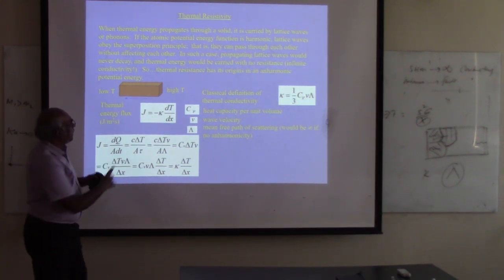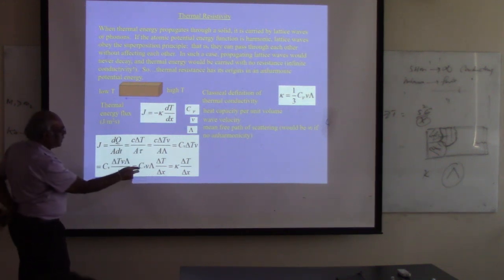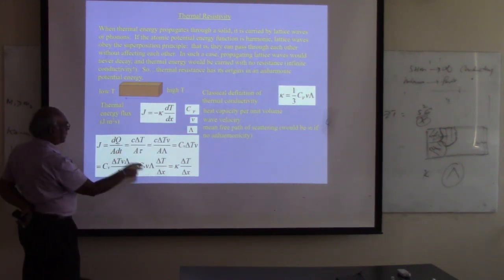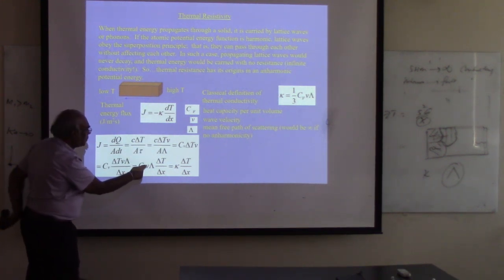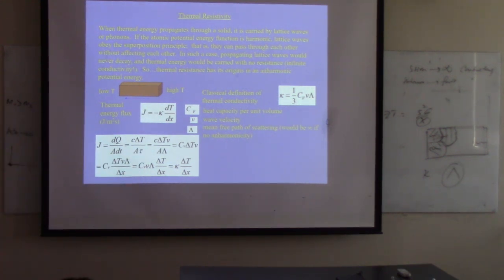Now if you compare these two equations, you have the same J equals, so this K means this one, right? So your K is basically the heat capacity C_V times V times gamma. But this is in one direction. You have heat propagating in three directions.